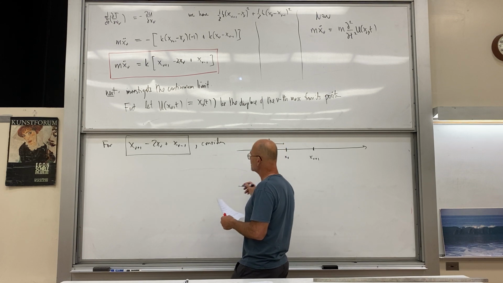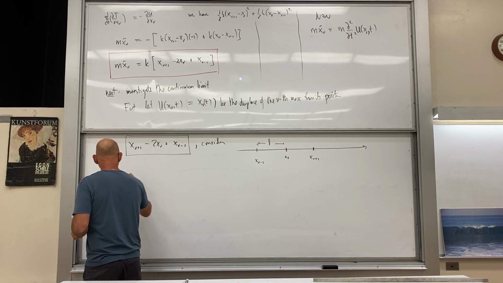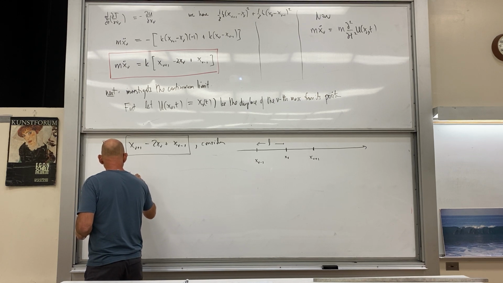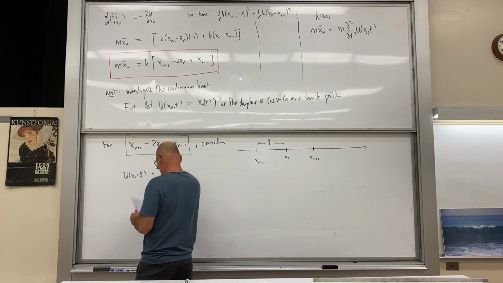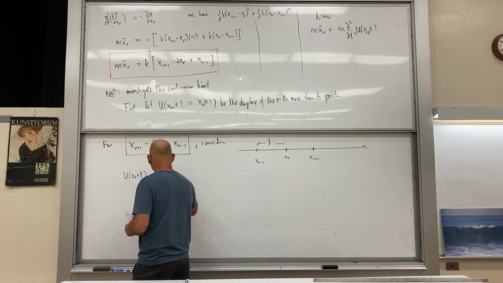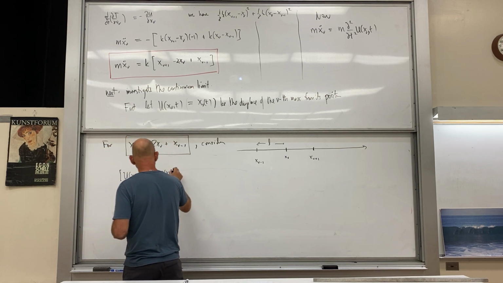So first of all, right underneath here, we have u of x of nu plus L minus u of x of nu. Put brackets around here.